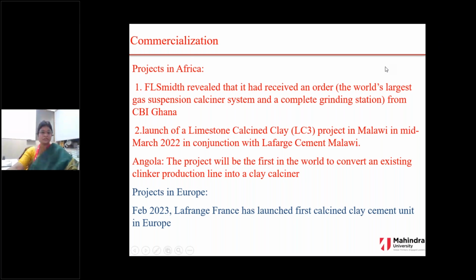For example, the projects in Africa, in Angola, and in Europe, with Lafarge in France, which first launched its calcined clay cement unit in France very recently, in fact in 2023. So this is how slowly it is gaining pace in commercialization also.